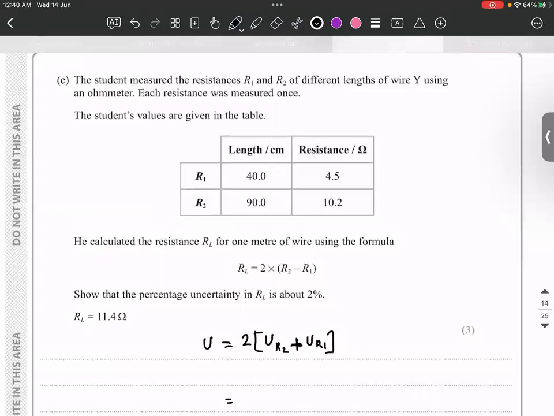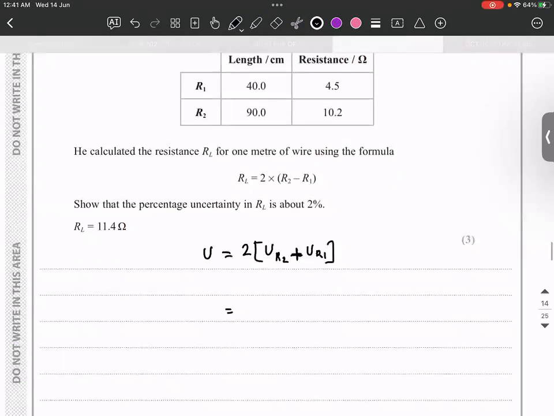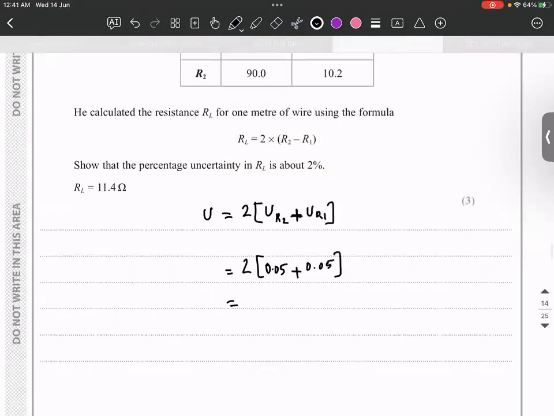So here, what we should do is use an uncertainty of 0.05 ohm in the values of R1 and R2. So substitute it: 2 times 0.05 plus 0.05. That means if you multiply this, you will get 0.2.